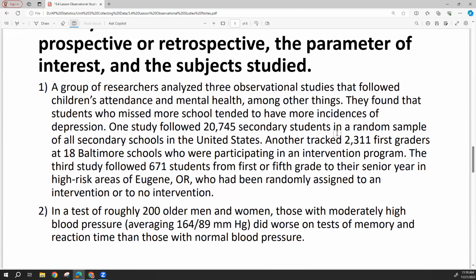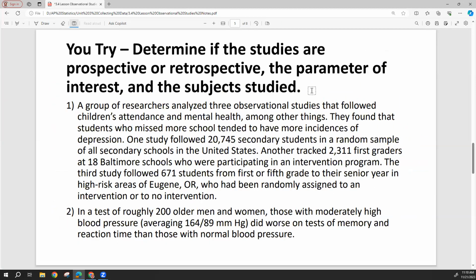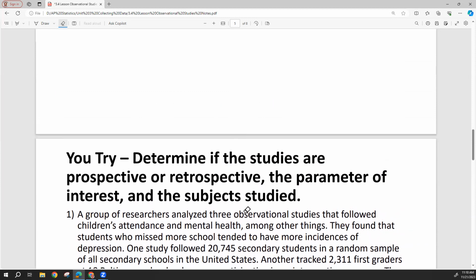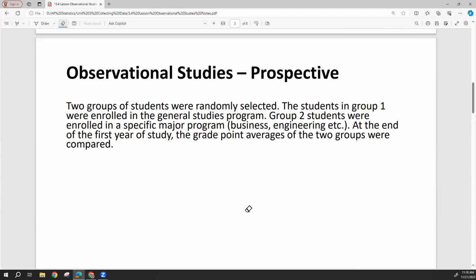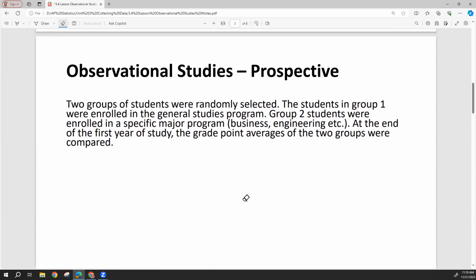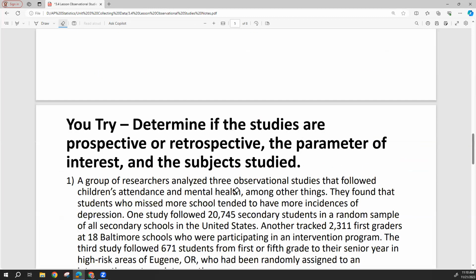So here I have two observational studies. I want you to determine for both of them if they're prospective or retrospective. And in fact, before we do this, I'm going to roll back here and discuss the parameter of study and then the subjects we studied.